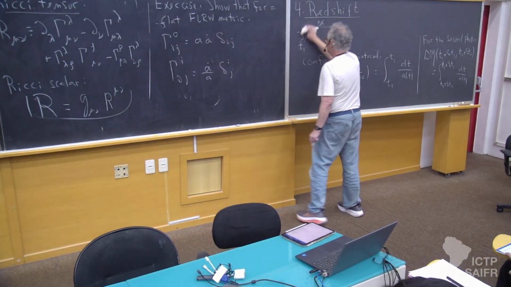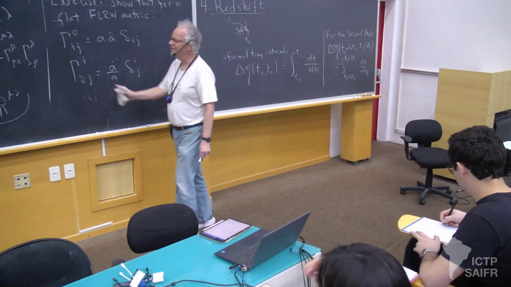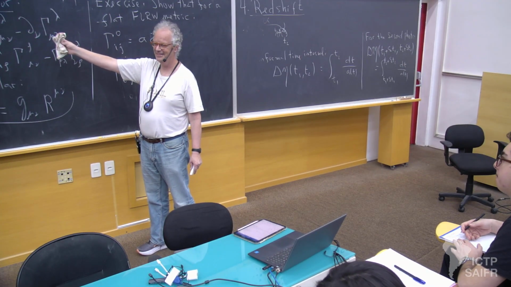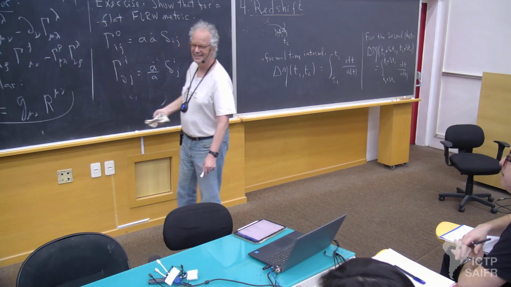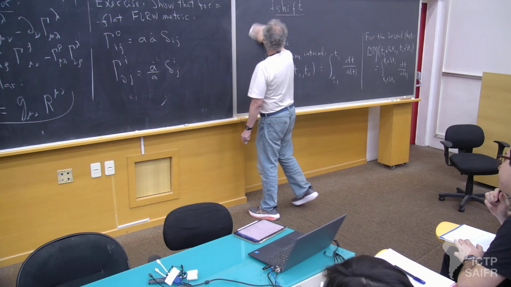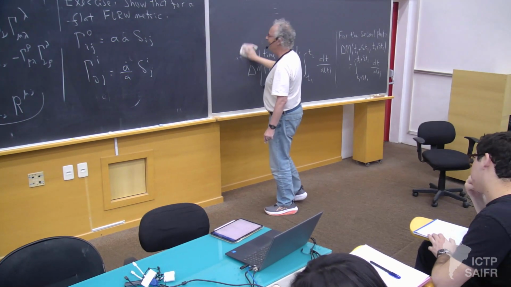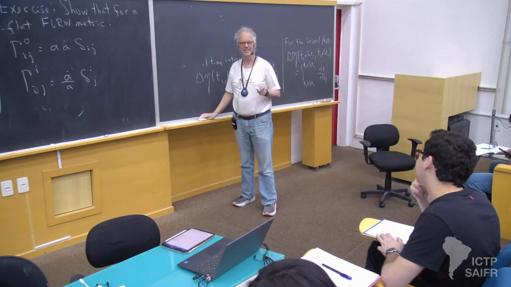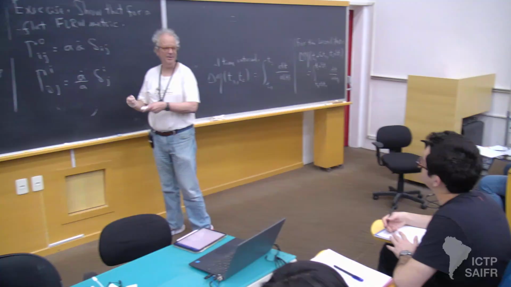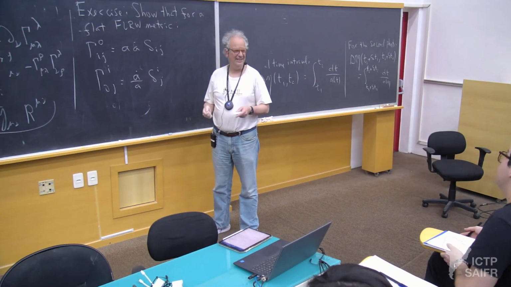Now from this, you can compute the Ricci tensor. Okay? Another exercise. Let me just notice that these are, how do you say, automatic manipulations. So there are codes that do this for you.